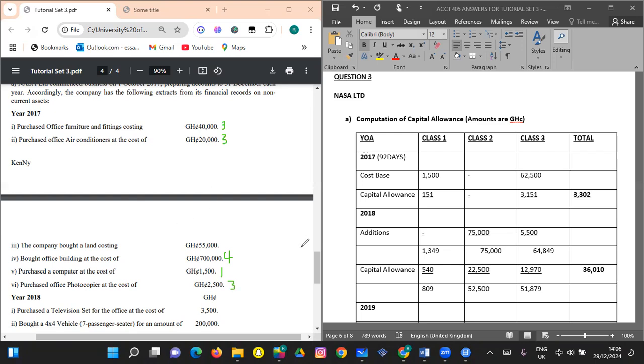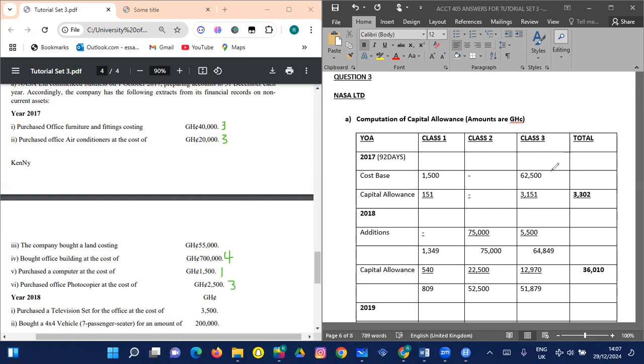So now let's look at it. In the first year, this was our value for pool 1, which was the computer, 1,500, and then we have it here. Then we didn't have any class 2 assets, so no class 2 assets here.